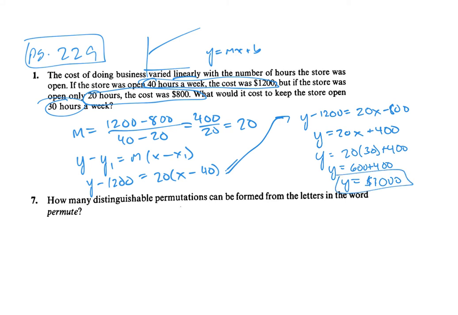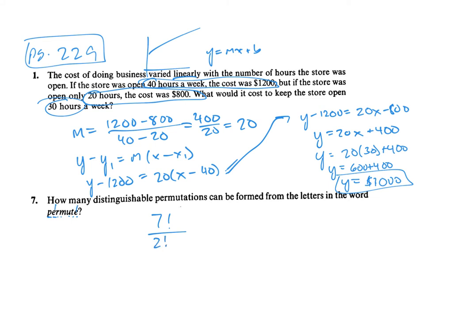All right, number 7, distinguishable permutations. I have the word permute. Didn't know that was a word. It's got 1, 2, 3, 4, 5, 6, 7 letters. So the permutation would be 7 factorial divided by the identical letters. So the identical letter I have here is 2 e's.